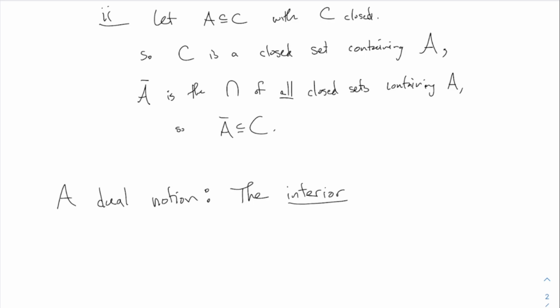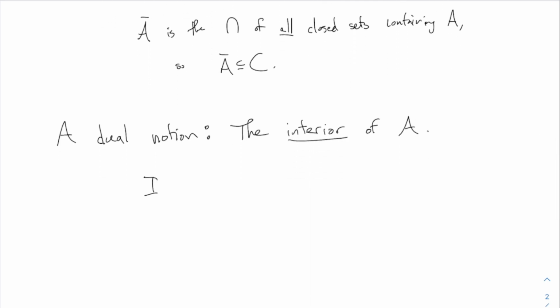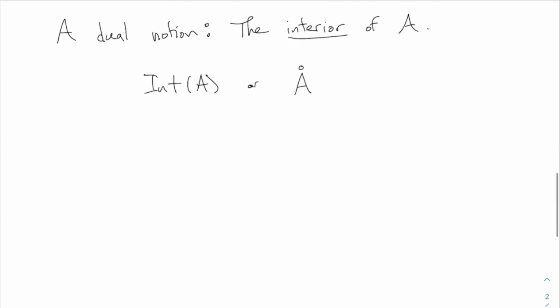The interior of a set. The notation for that is we're going to write int of A, or, like the closure where sometimes we use the bar, the interior is written like that. A with the little sort of IKEA style accent on the top there. All right. That means the interior of A. And what's the definition? It's like the closure, but you do the opposite of all the words.